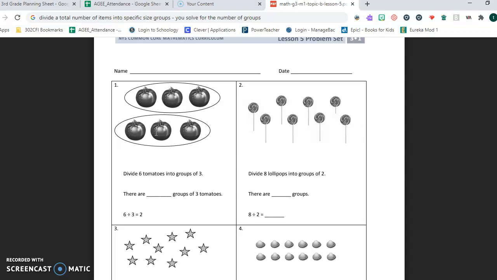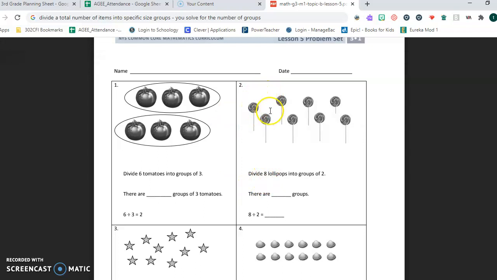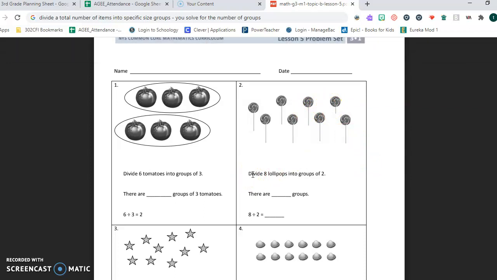In the next item, we've got a total number here. They tell us it's 8. We can count them to make sure. 1, 2, 3, 4, 5, 6, 7, 8. And they give us the instruction to divide the 8 lollipops into groups of 2.